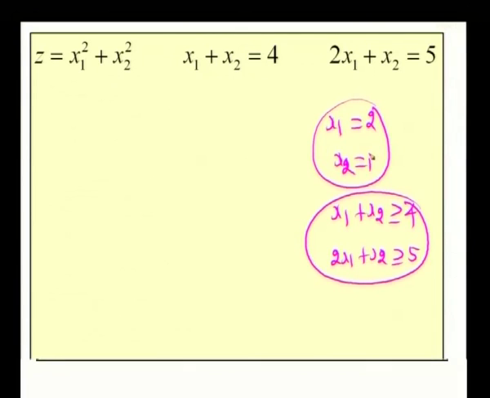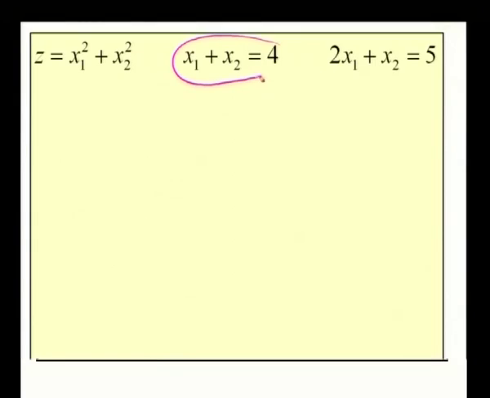Now, we will consider the other case, the equation x1 plus x2 equal to 4. The gradient of this line is 1 plus dx2 by dx1 equal to 0. From this, we have dx2 by dx1 equal to minus 1. We will take it as equation 3.